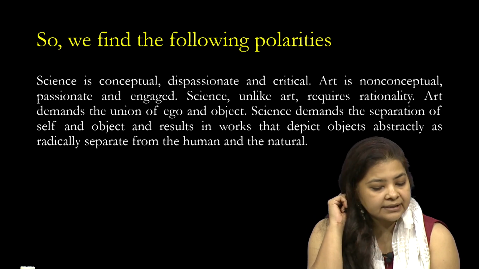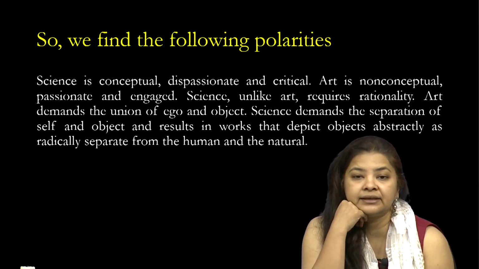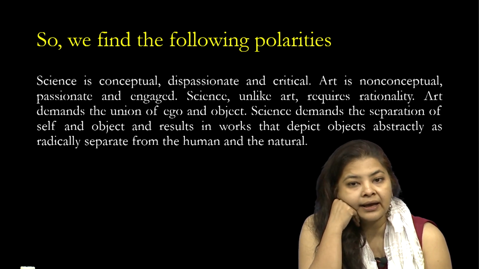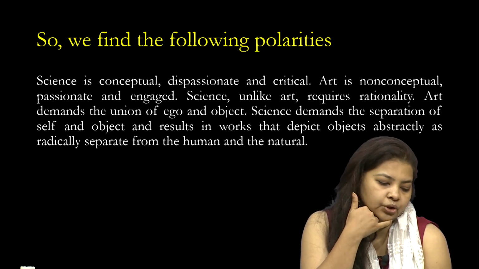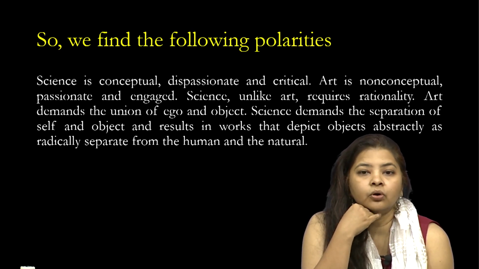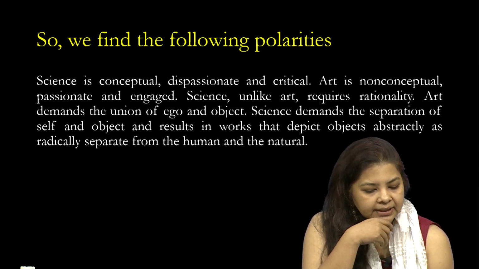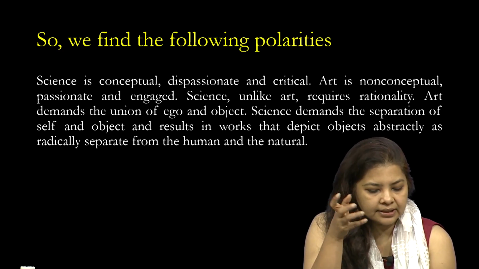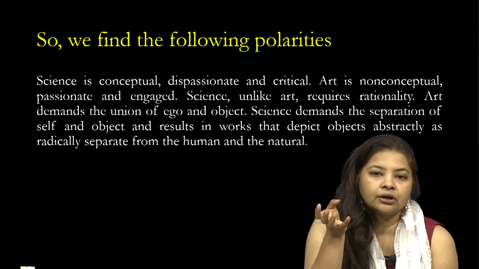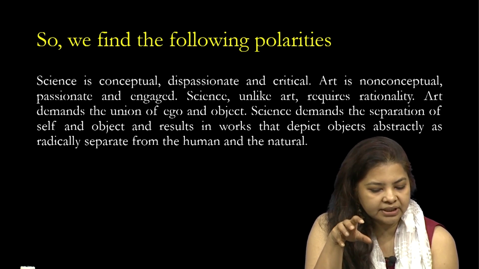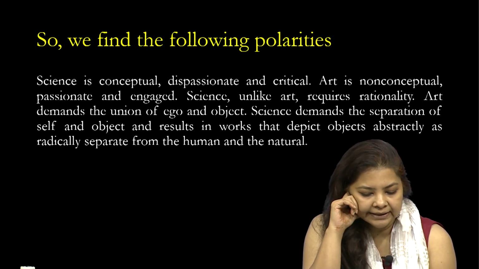So, science requires rationality according to this view, whereas art and humanities can unite ego and objective, the ego of the person who is practicing and the object that the person is researching on. So, he or she can bring his or her own opinions on the object being researched.